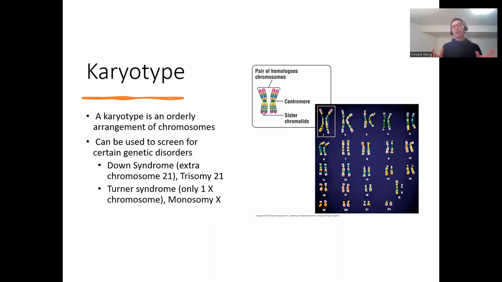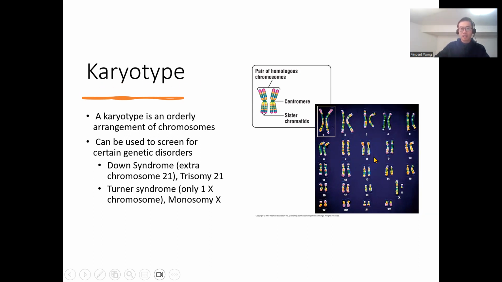Remember, I told you the eggs, the quality is going to degrade as the person ages, right? So if the mom is a little bit older when they become pregnant, they might choose to screen for some of these genetic abnormalities. And to look at all the genetic material, we can do what's called a karyotype, right?